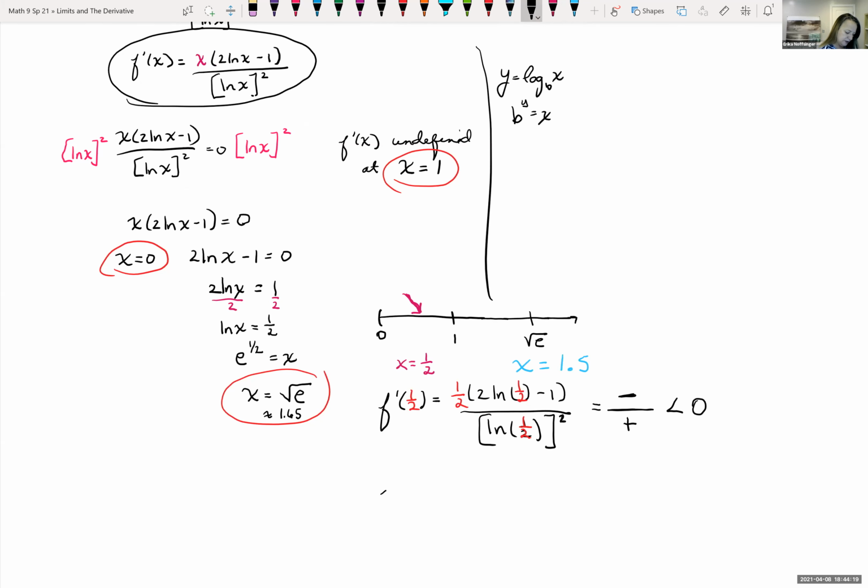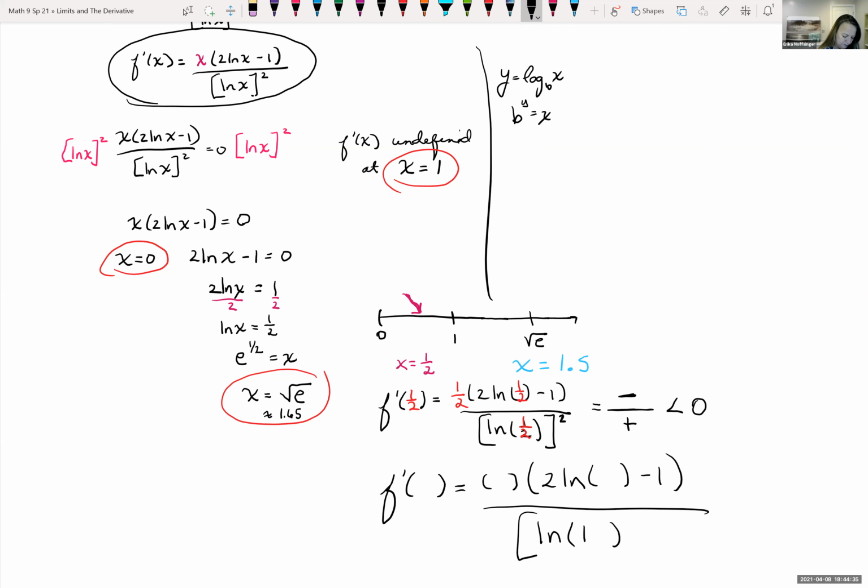So if I'm looking at the derivative and I'm plugging in 1.5 wherever I see an x. So I have 1.5 times that quantity, 2 natural log of 1.5, and then subtracting 1.